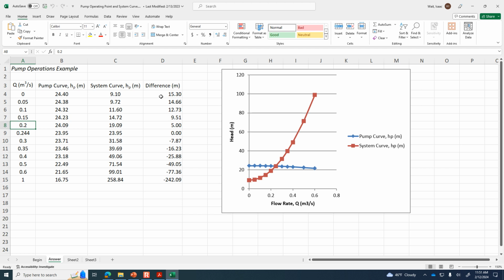And so what I'm looking for is what is the flow rate that makes the pump curve value and the system curve value the same. So I did the difference between the two, and it turns out that it's that same 0.244 flow rate that makes the pump curve and the system curve equal. So it's the operating point where the two lines intersect.